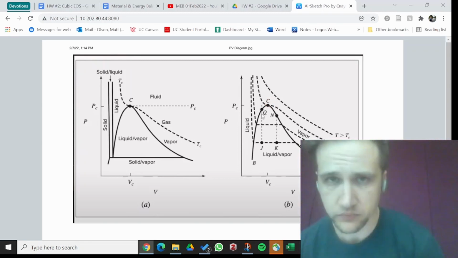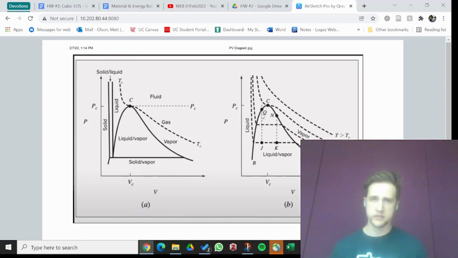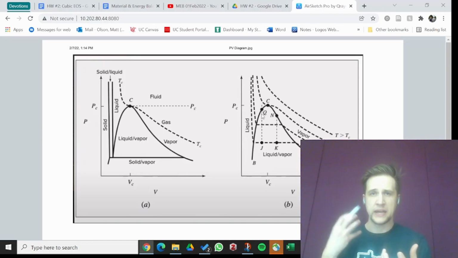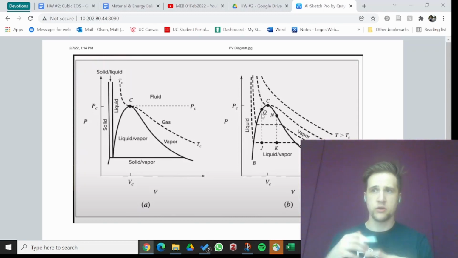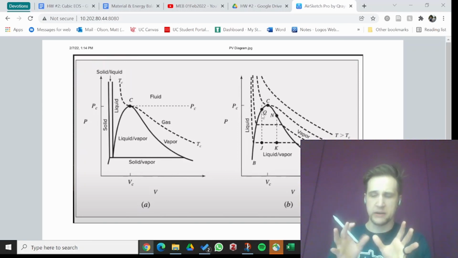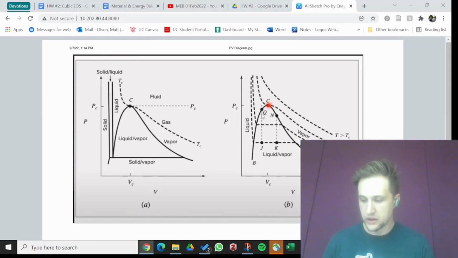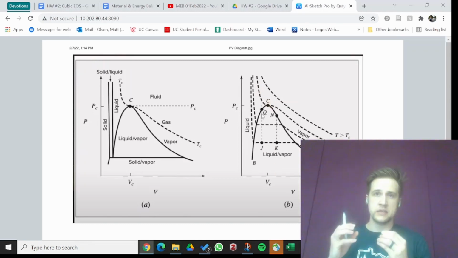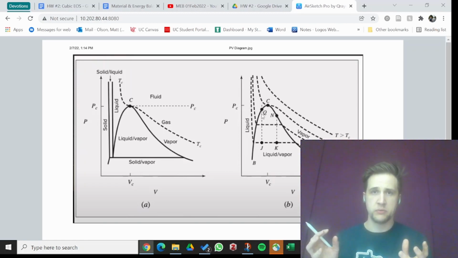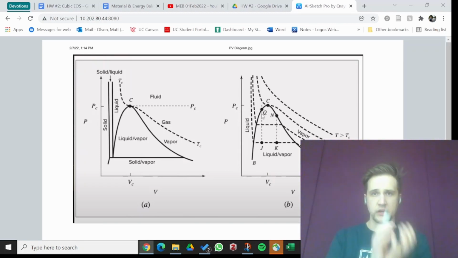And the critical point, dealing with a pure substance in a closed system, is where the material becomes indistinguishable between a liquid and a vapor. Another way to think about it is the refractive index of light. When light hits this compound at the critical point of pressure, temperature and volume, there's no difference in the way the light refracts off of the liquid and the vapor.